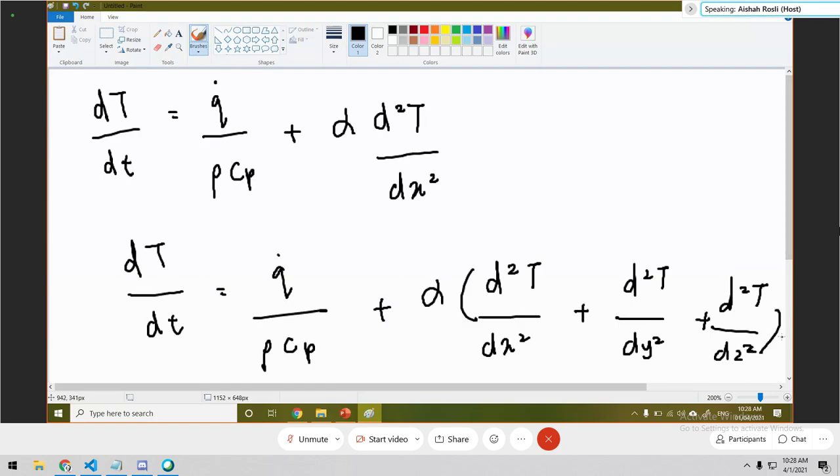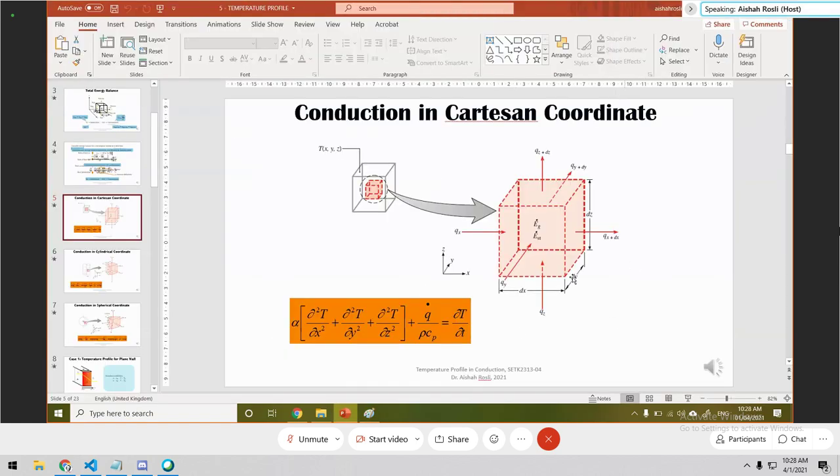So this is for all directions, and if you check back with the slides, this is the same thing that we got. The dT over dt is actually the temperature profile. If we know the time interval and one of the temperatures, and we have all these other values, we can calculate the temperature at a certain time.